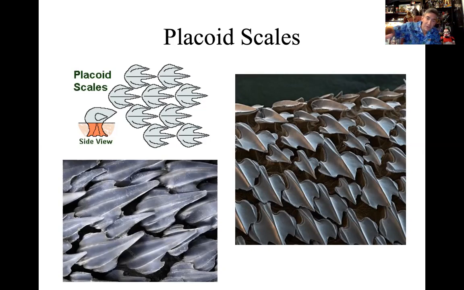But if you were to rub it from back to front, it's very rough and scratchy because of all of these little scales, these placoid scales that are pointing backwards. So again, protection and also enhancing the hydrodynamic nature of the shark.